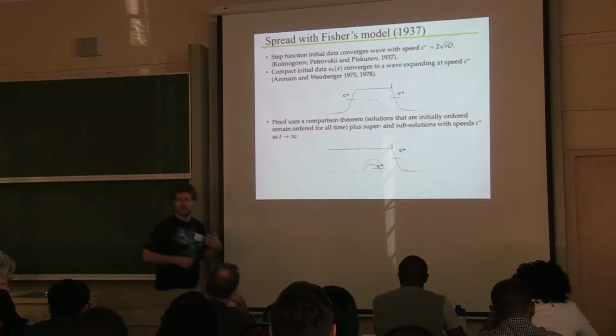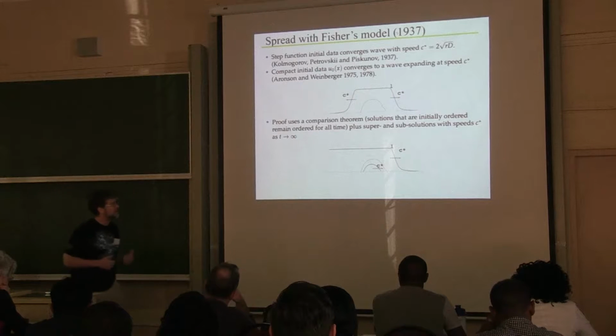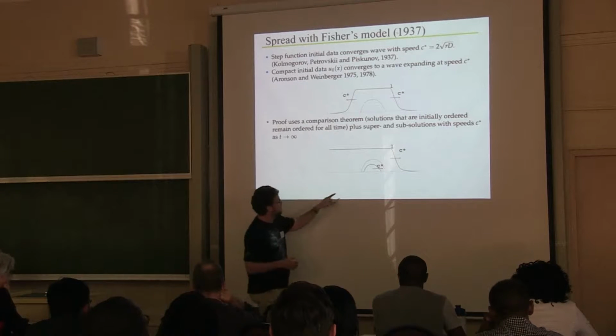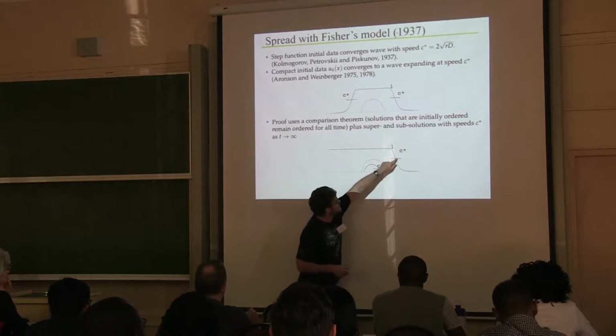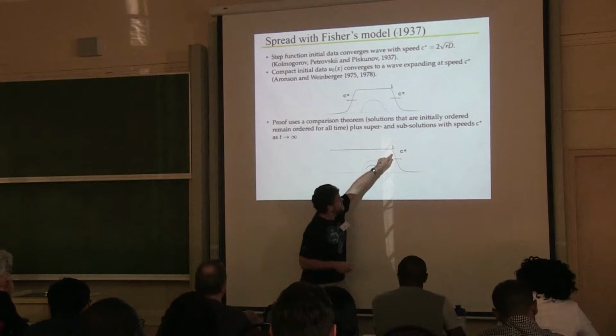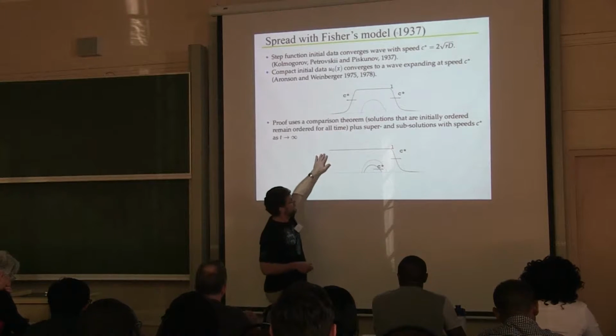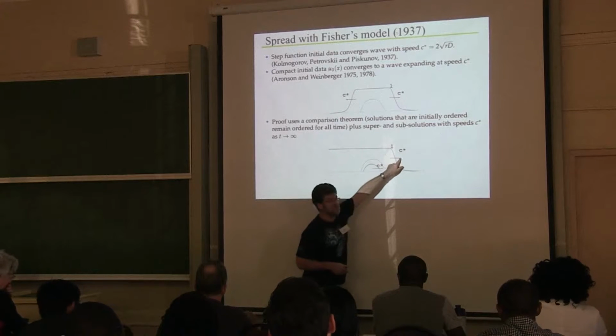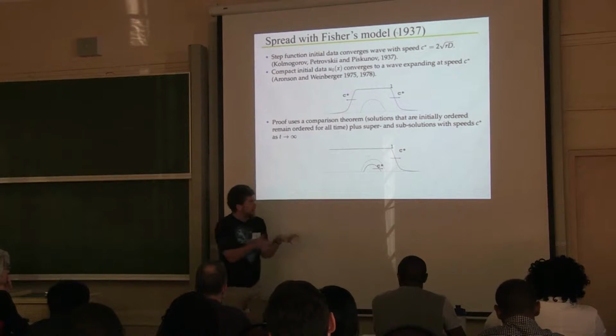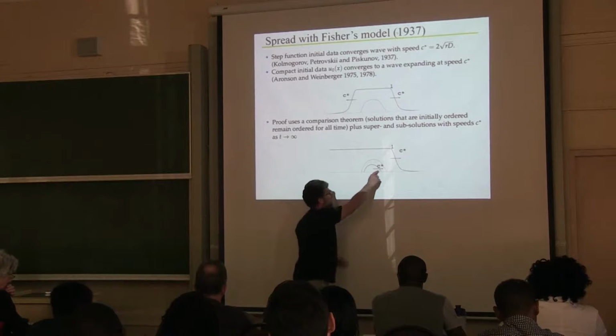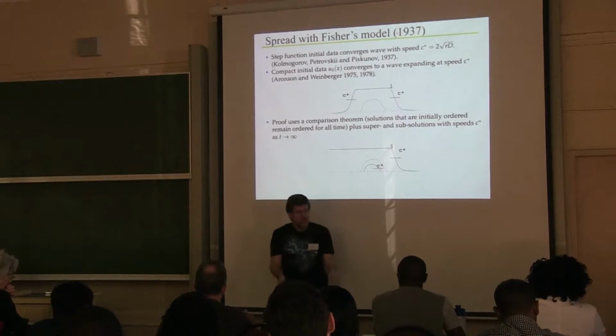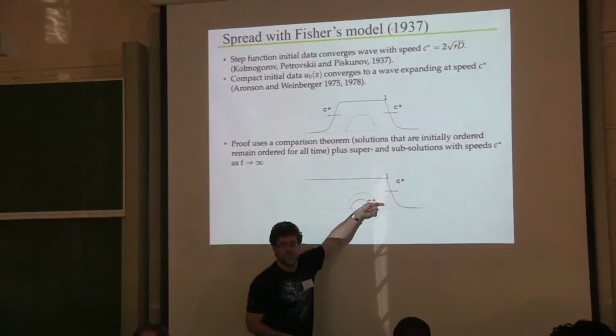And so if you're interested in this area, what they did is they created one solution that we call a super solution, and they showed that that would spread at speed c star. And then they created another solution underneath, which they call a subsolution, and they showed that would move at speed c star.